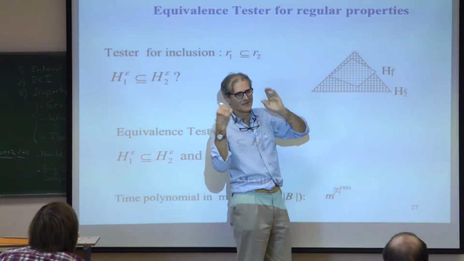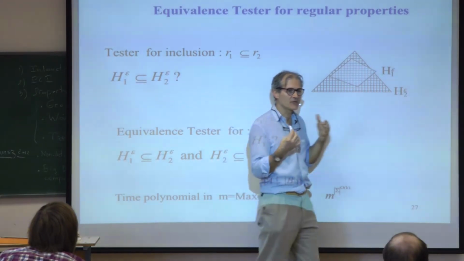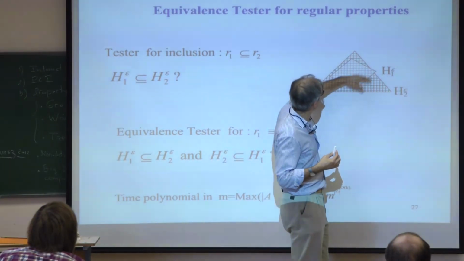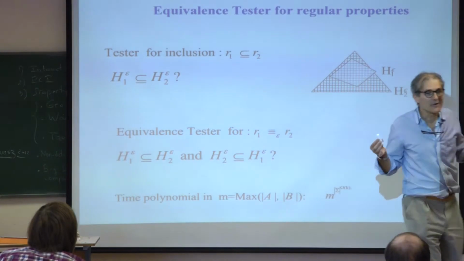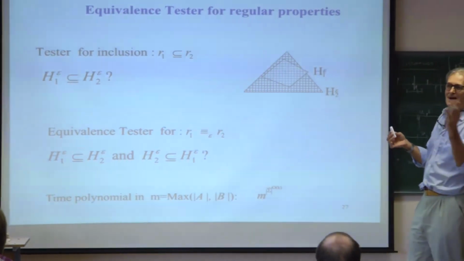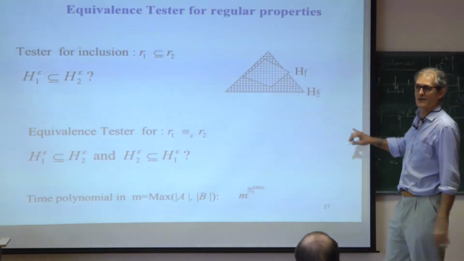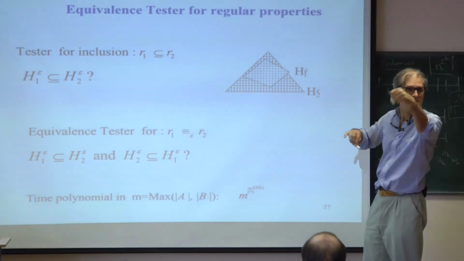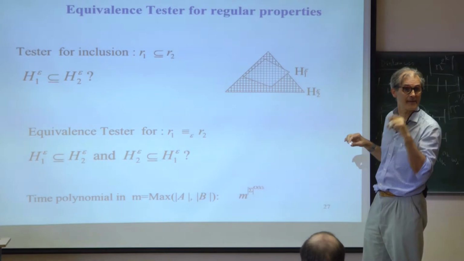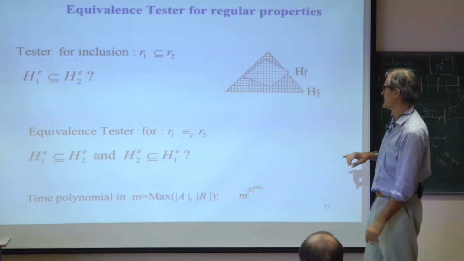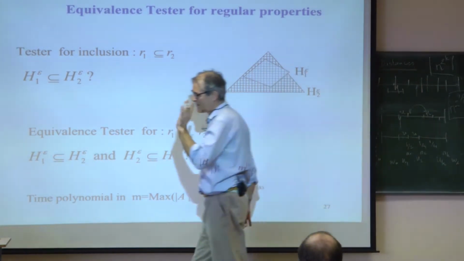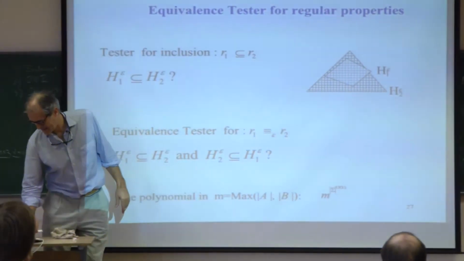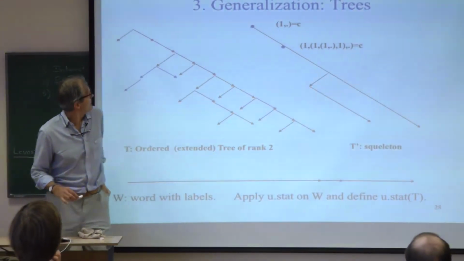One very rough way to check for inclusion is to imagine a grid and check all the points of the grid. But there are much smarter ways to do it. One smarter way is to make a random walk in one and check every time if you exit in the other. That would be a much smarter way to do it.